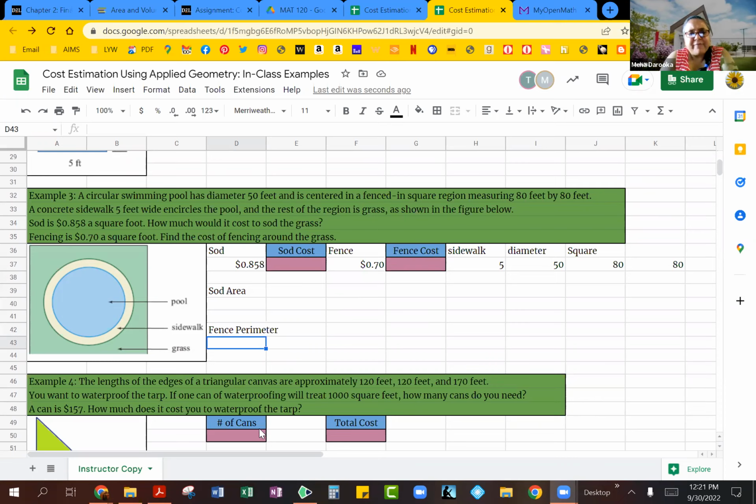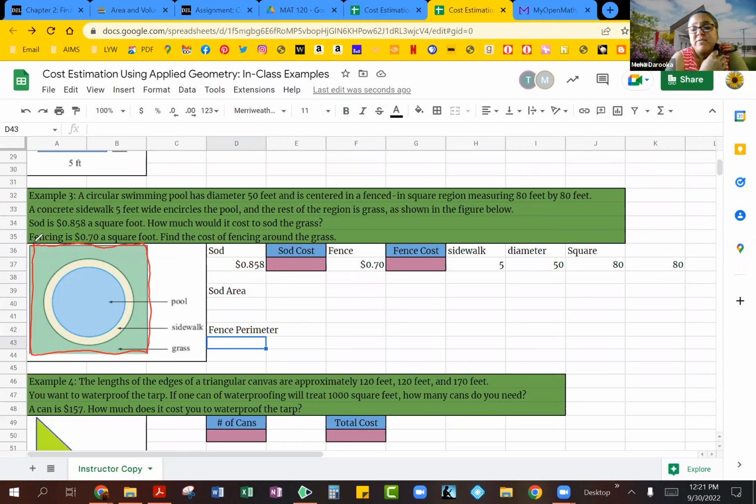Yeah, for the fence. I figured that's what you guys were giving me. Yeah, so you are basically talking about the perimeter of this little square area where the grass is going, because they're telling us we are going to be putting the fence around the grass.